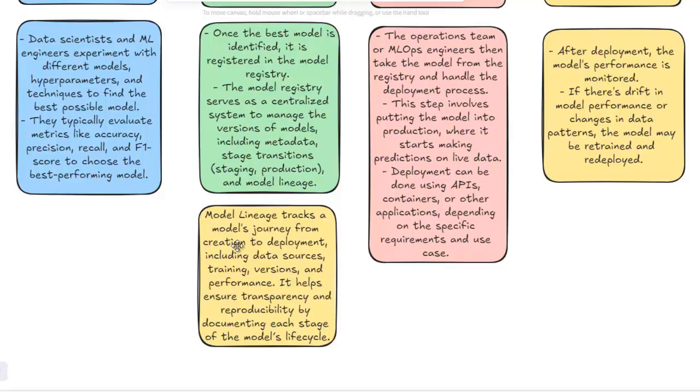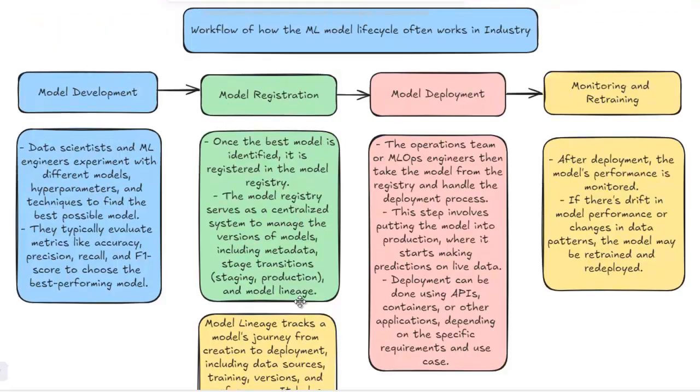Model lineage tracks the model's journey from creation to deployment, indicating data sources, training, versions, and performance. It helps ensure transparency and reproducibility by documenting each stage of the model's lifecycle. Hope all of you are clear with two stages of the ML model lifecycle: model development and model registration.